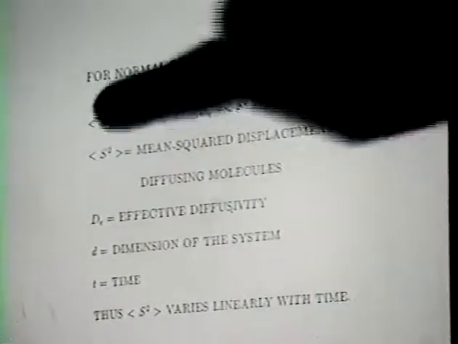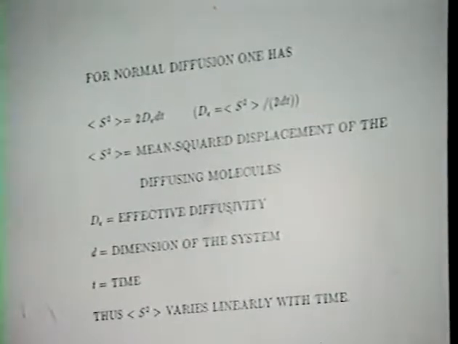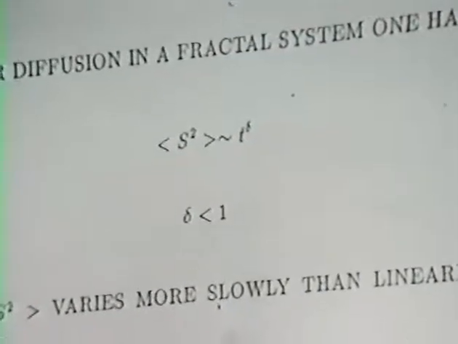Now, for fractal systems, this mean square displacement varies with time like t to some power delta. If we had Fickian or Gaussian diffusion, normal diffusion, then this delta would be 1. But for fractal systems, this delta is less than 1.